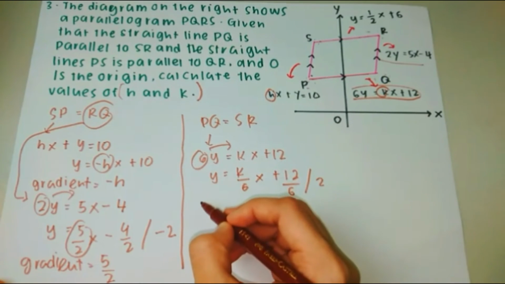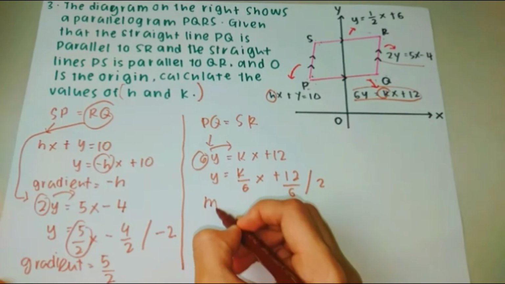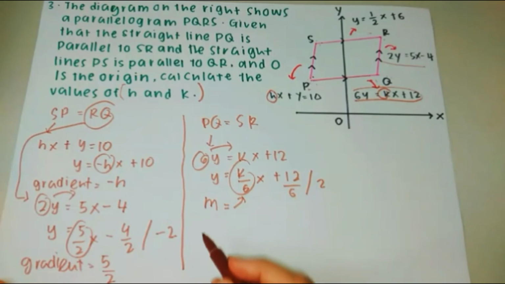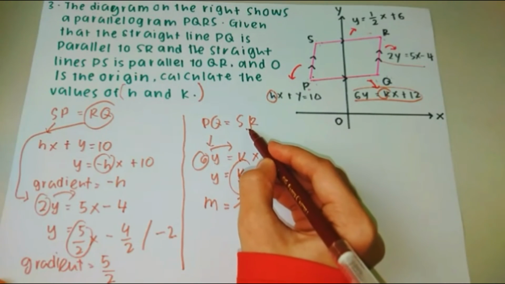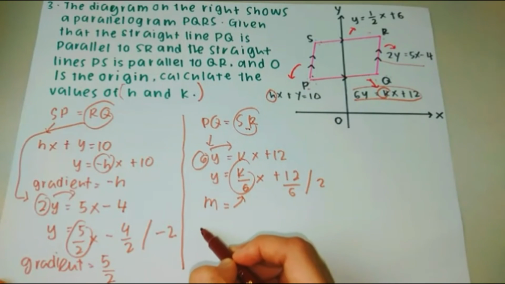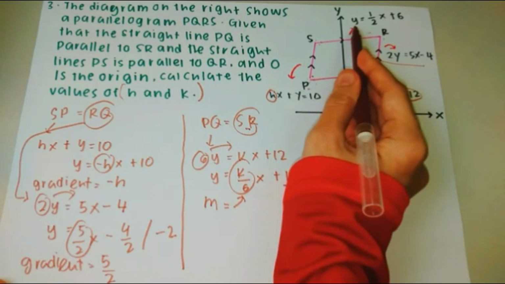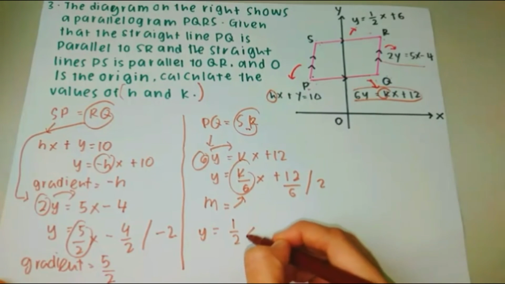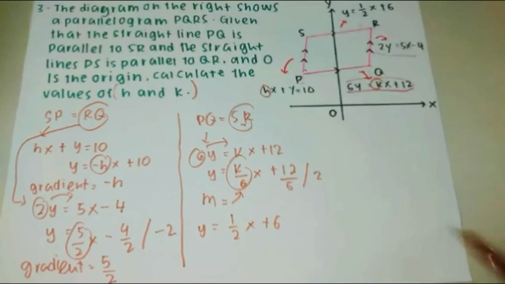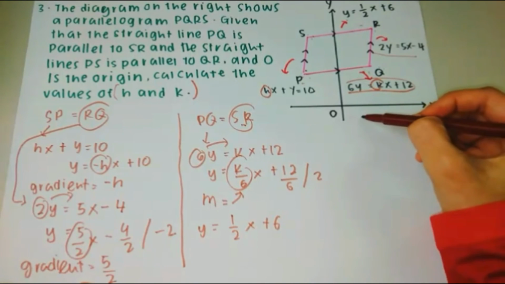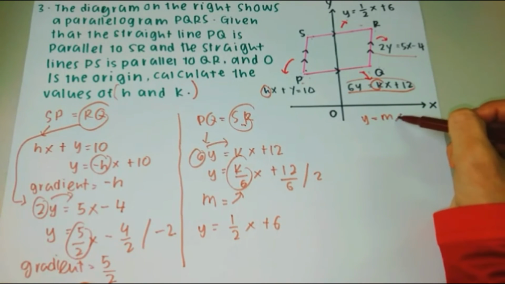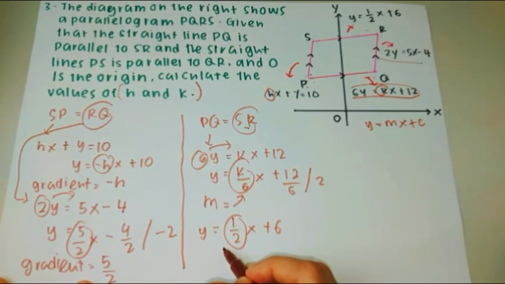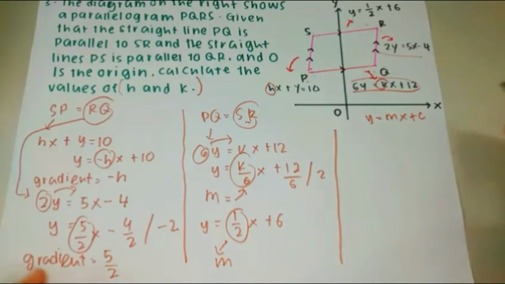So the gradient for this equation is k over 6. Equation SR is y equal to 1 over 2 x plus 6. The equation is the same as the formula, so all we have to do is just write the gradient. The gradient is 1 over 2.